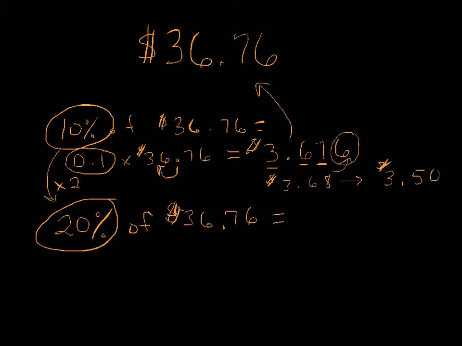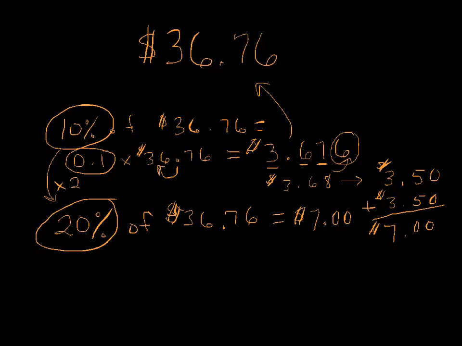If we double that, we would have $3.50 plus $3.50. We would have $7 after you do the math there. So a very good tip for that person that served you, an estimate, would be about $7.